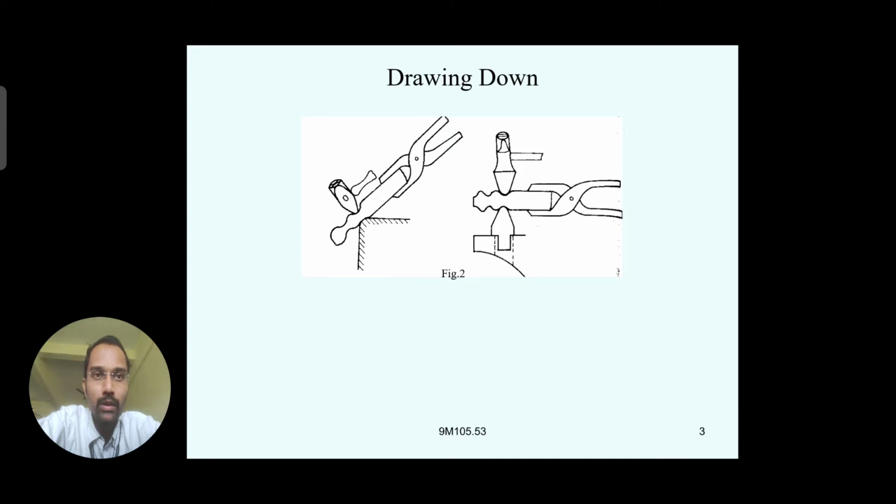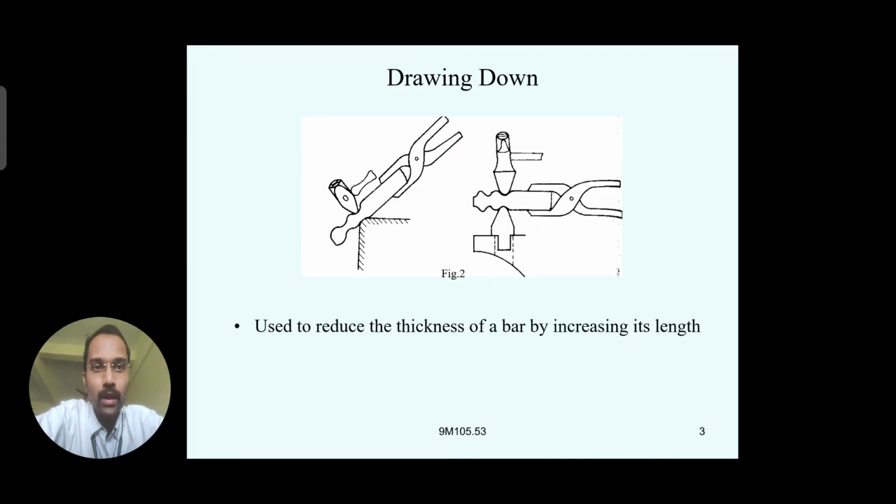Have a look at this diagram to see what we are performing with the help of the drawing down operation. You can notice the tools used here: a hammer type of structure, that is a fuller tool, and the workpiece is held with a tong.